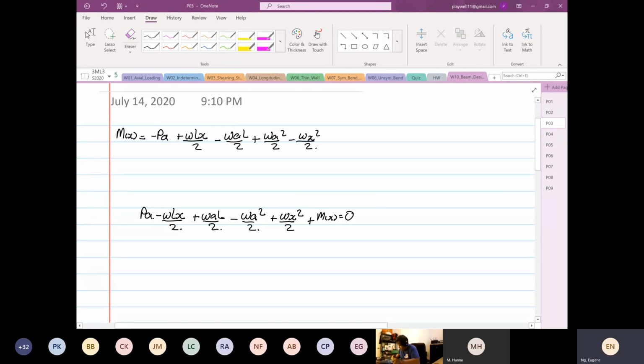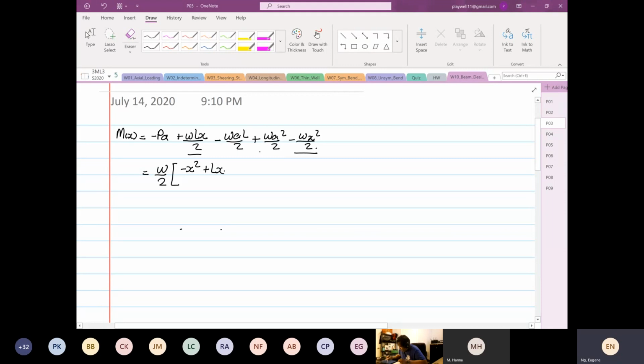Okay, so let me check. Bring it over, so minus flip. Correct. Okay, so finally we're going to take out omega over 2. So we will have minus x squared plus Lx.